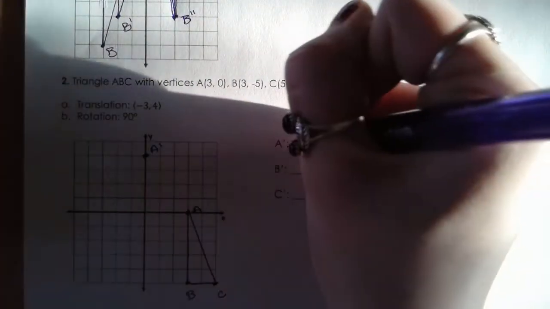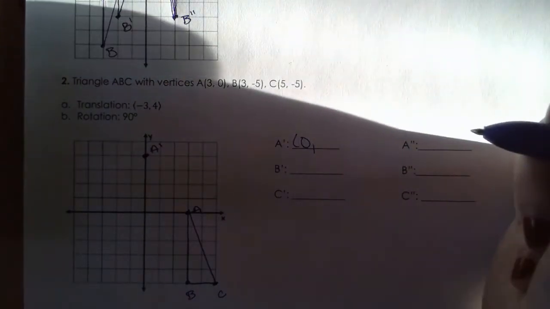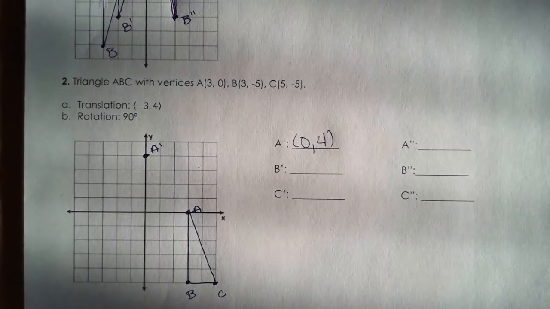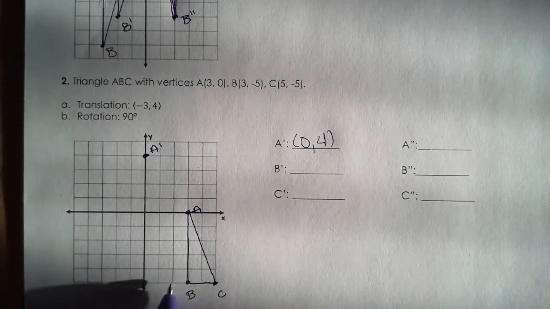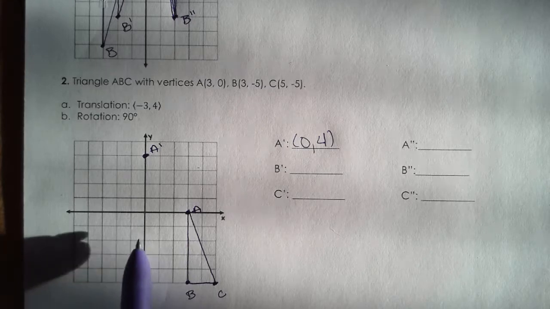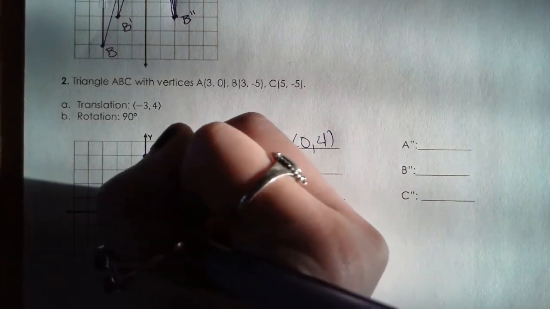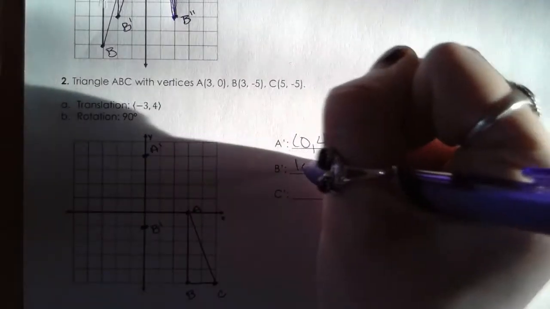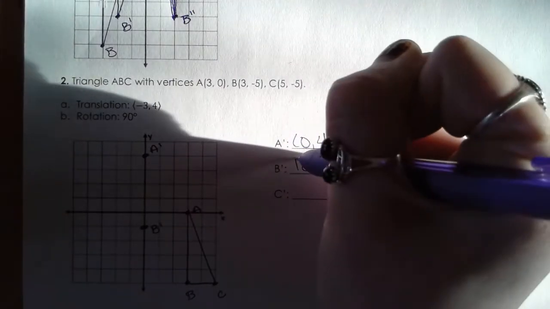So A prime should be at 0, 4. Okay. B, I'm going 1, 2, 3, 1, 2, 3, 4. And this is my B prime. So B prime should be at 0, -1.